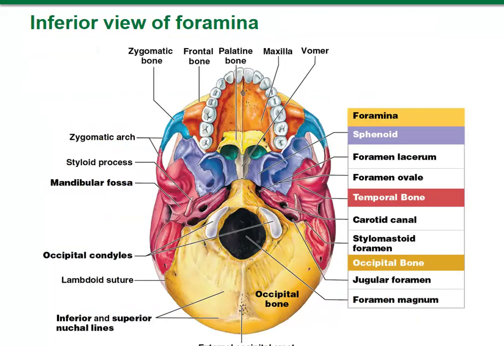So those are shown there, the occipital condyles. Also notice where the different foramen are found, the lacerum and the ovale, in the carotid canal, in the stylomastoid foramen, and the jugular foramen for the internal jugular.